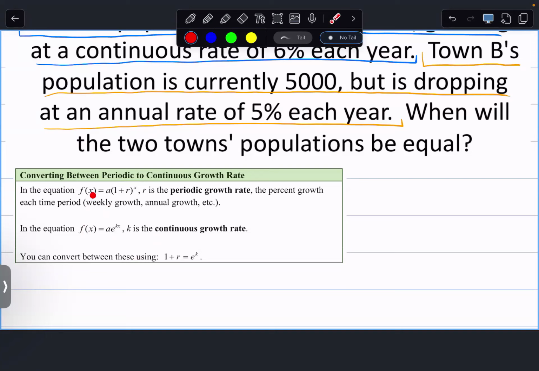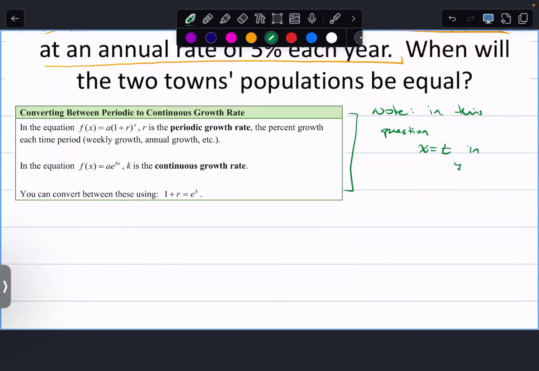Should I rewrite it as t or keep the x? I'm tempted to just keep the x, just because this is how we have it, but I'll make a note here. Note, in this question, x is equal to t in years. So if you wanted to, you could rewrite where you see an x as a t, but I'll just keep it as x.